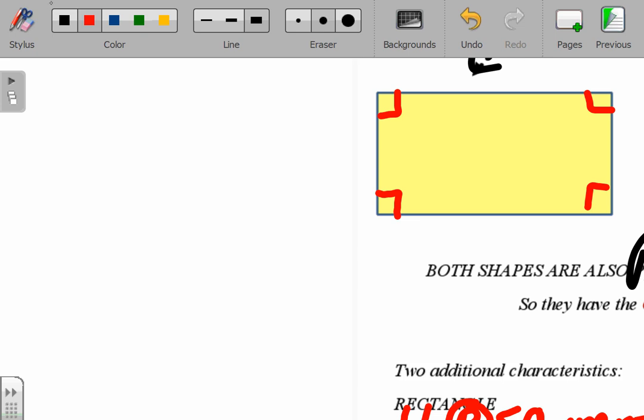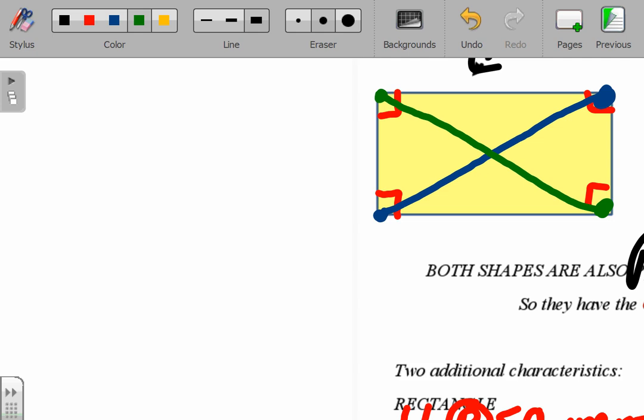The second unique quality is that the length of one diagonal, draw that in, compared to the length of the other diagonal is exactly the same. So you have congruent length diagonals.